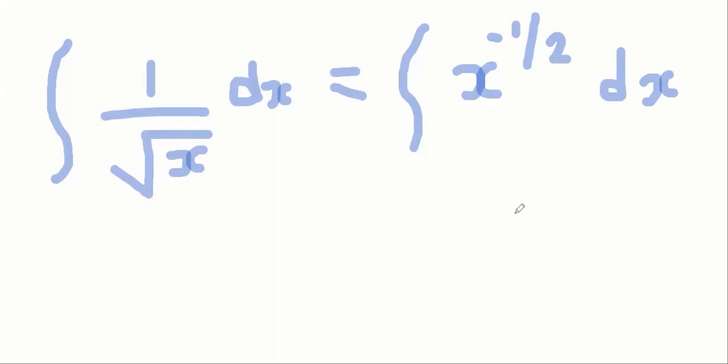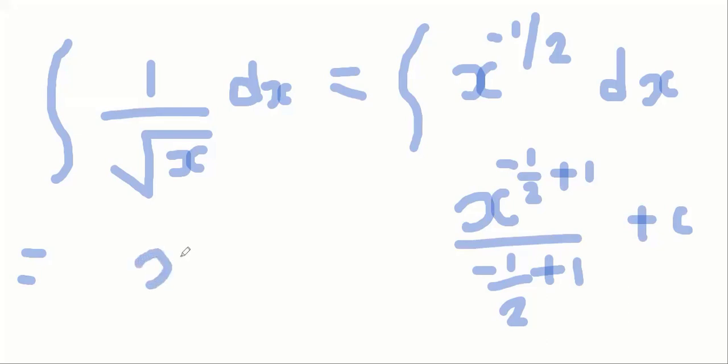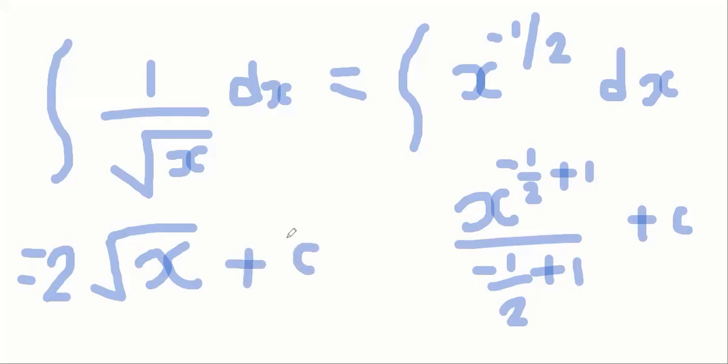x to power minus half मतलब plus 1 कर दो, नीचे भी आना माइनस हाफ प्लस 1, प्लस c. और if you simplify this, x to power minus half plus 1 मतलब x to power half, तो ऊपर तो आ गया रूट x, नीचे 1 माइनस हाफ हाफ, तो आ गया 2 रूट x प्लस c, करेक्ट?